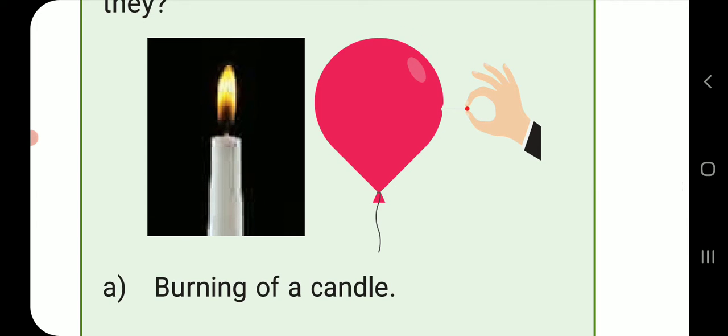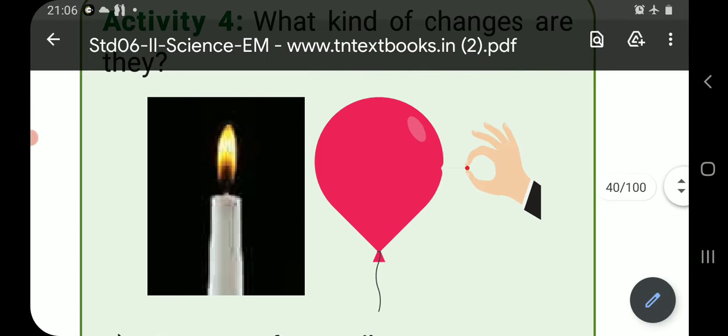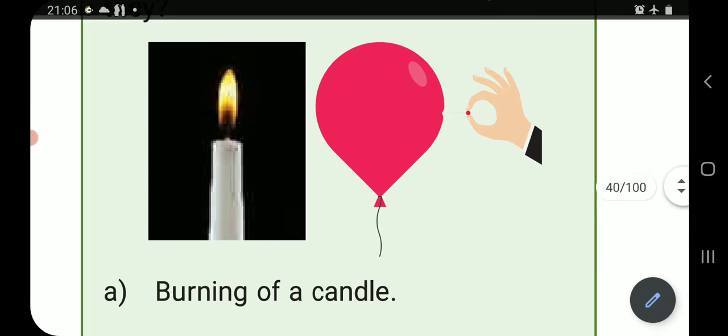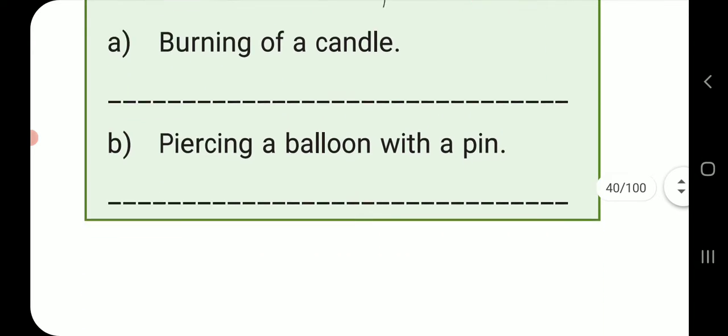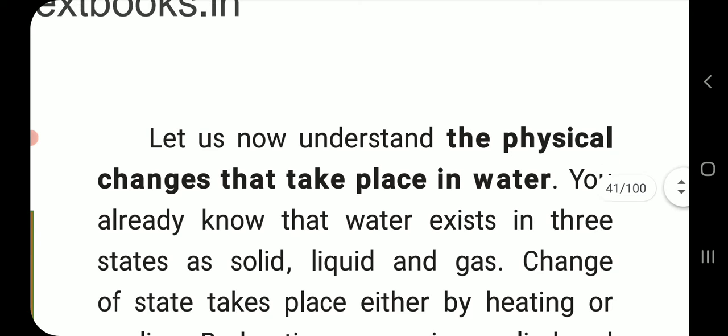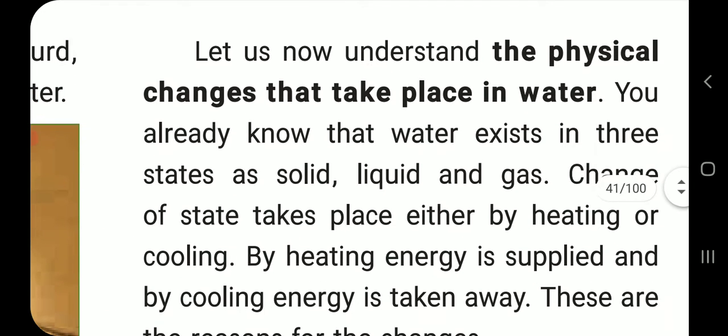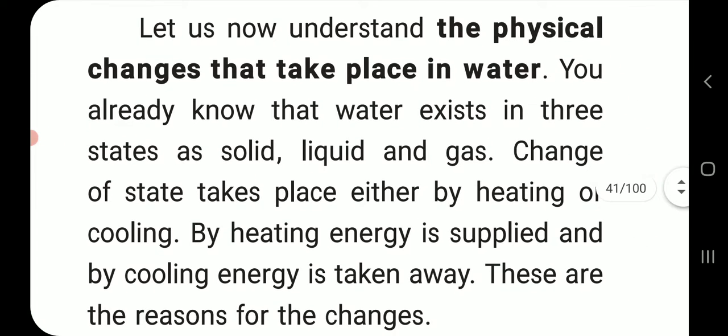It bursts and we can't bring the balloon back to its original state. In the same manner, burning of a candle, we can't bring it back to the original shape. It has become molten.